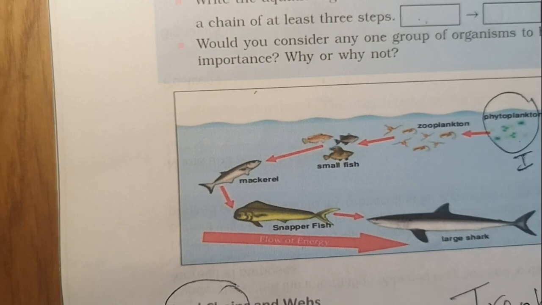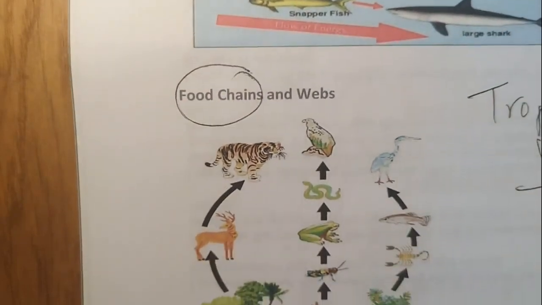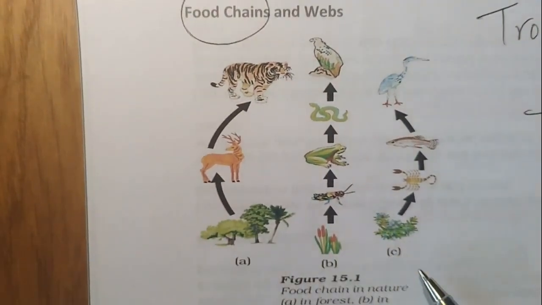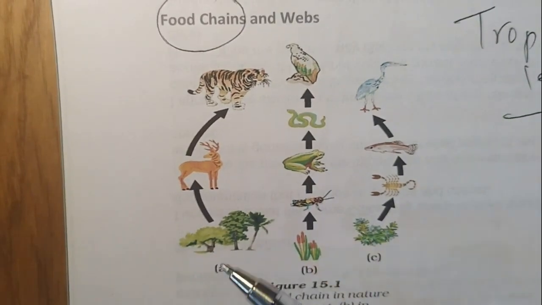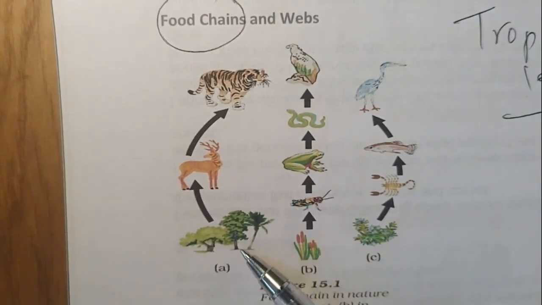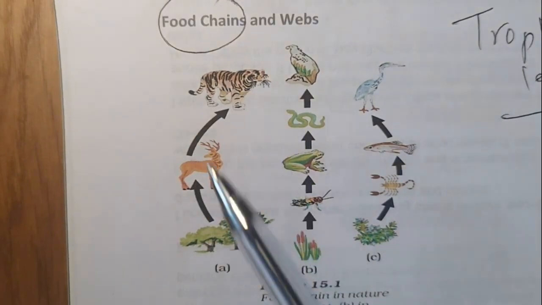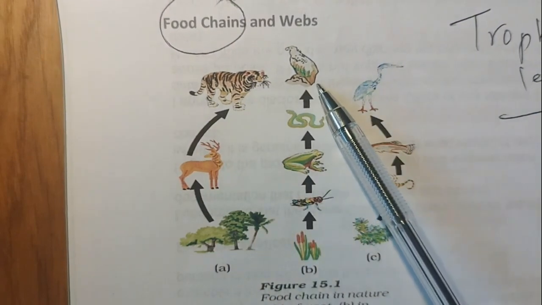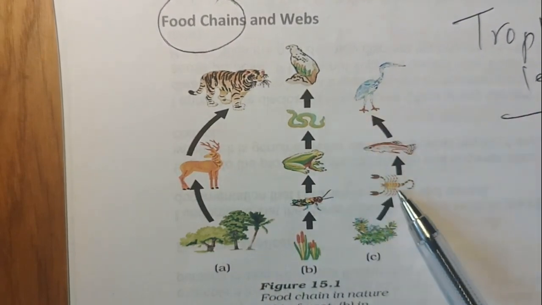The flow of energy between various components of the environment can be explained in a simple way. If you look at this food chain, these are the three food chains. One is from forest, this is from grassland, and this one is from the pond.